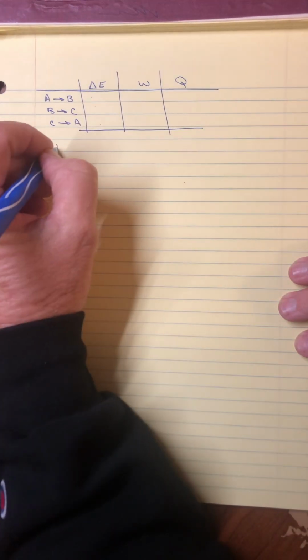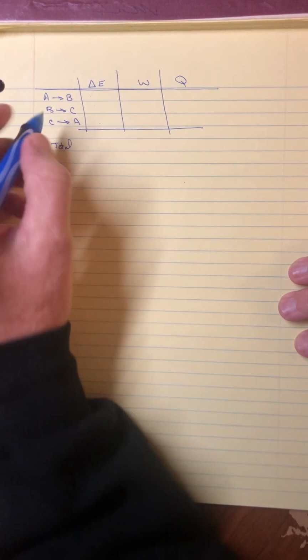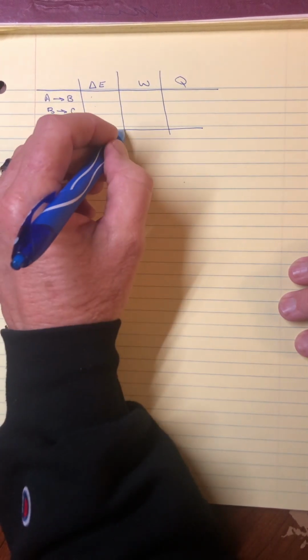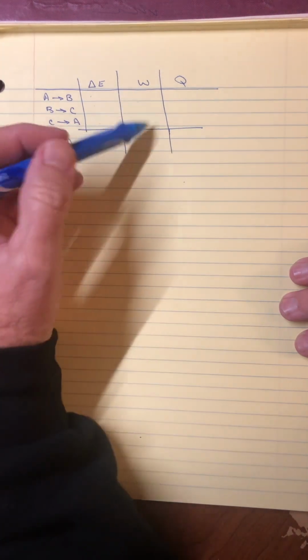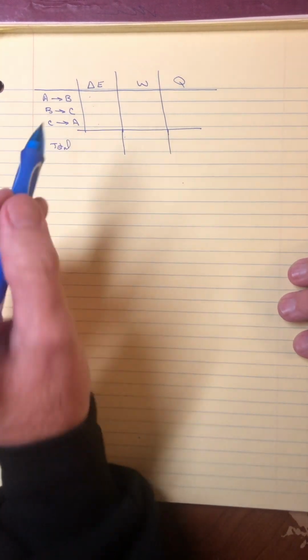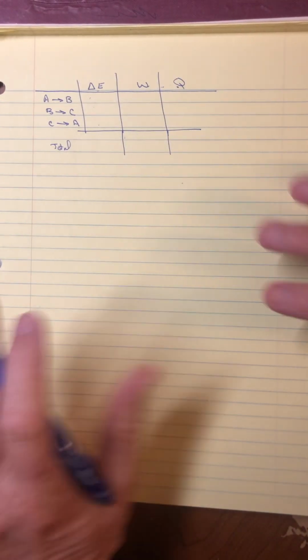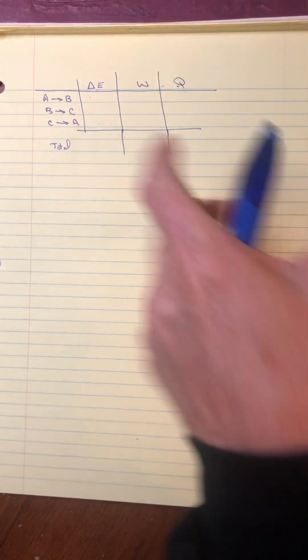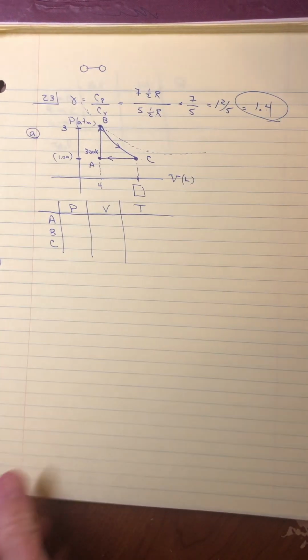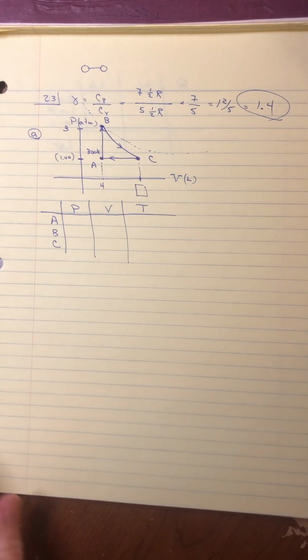And then I also like to put a little place for the total, which would be the sum of those. But we also know from the first law that these two have to add up to that one. So, without diving too deeply into the energy part, let's just do the state of the gas. Let's look at its pressure, volume, and temperature, and fill in what we do know.